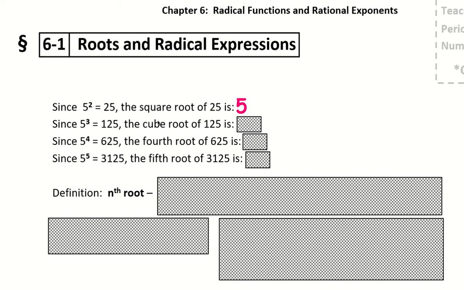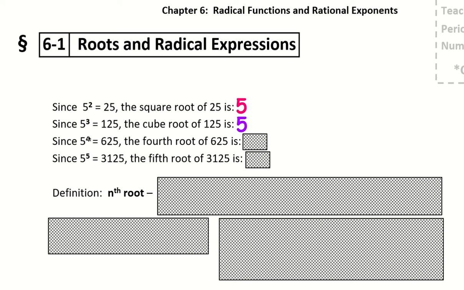You could say third root, but it's more common to say cube root. The cube root of 125 is also 5, because 5 to the third power is 125. So when you're trying to find the cube root of 125, you're trying to figure out what number to the third power would equal 125. Just like here, you're thinking, what number to the fourth power would get you 625? In other words, what is the fourth root of 625?